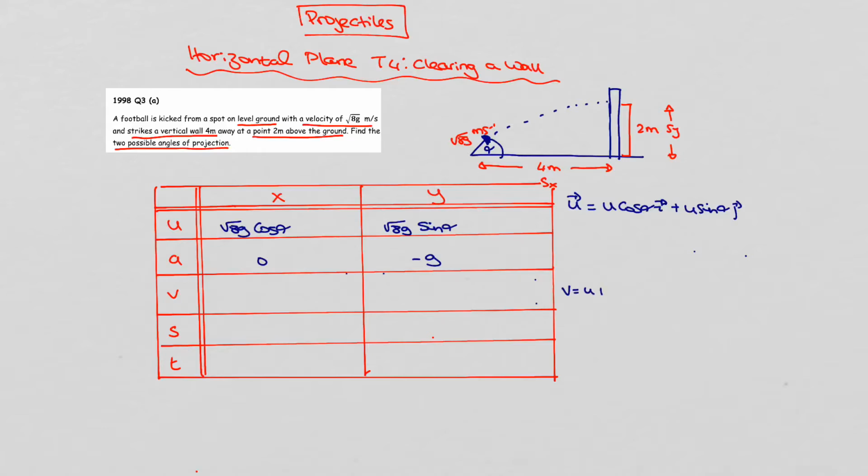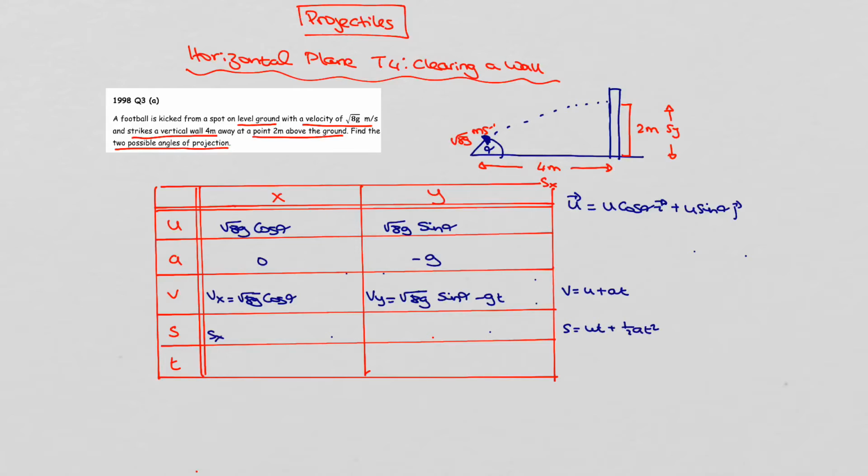V in the x direction then will be root 8g cos alpha, and then 0 times t will be 0. V in the y direction is going to be root 8g sine alpha minus gt. S is ut plus a half at squared.